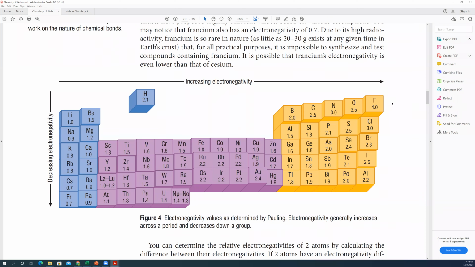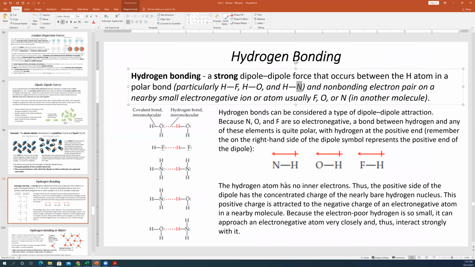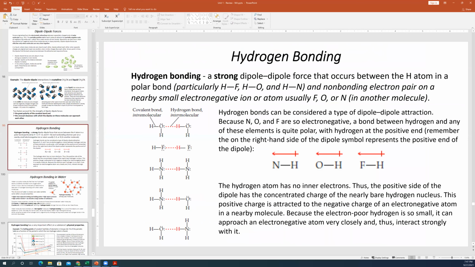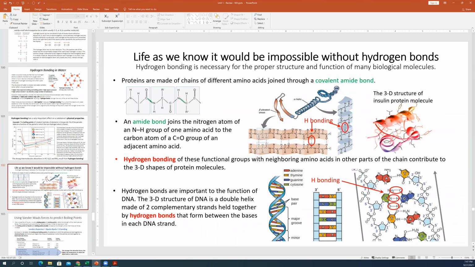Okay, so these three atoms, when they have a hydrogen bound to them, that hydrogen can then form a hydrogen bond with the lone pair of electrons on another neighboring molecule, or part of maybe the same molecule, as we talked about was the case in the very important molecules of proteins, the amino acid chains, where you have different hydrogen bonds forming either along the same chain or between different chains.